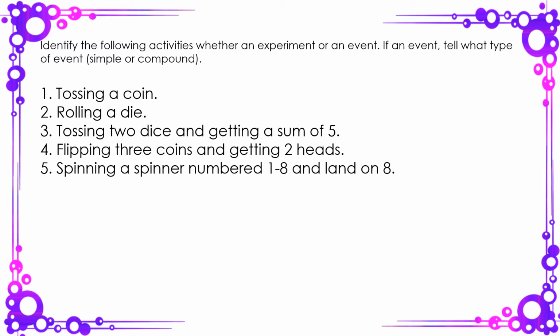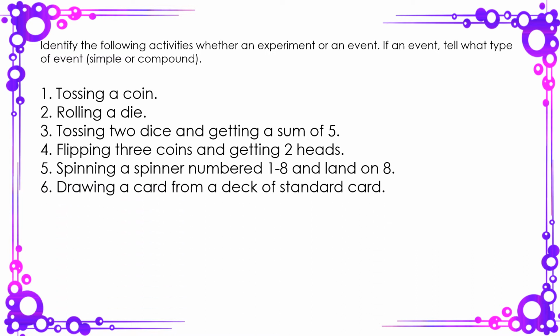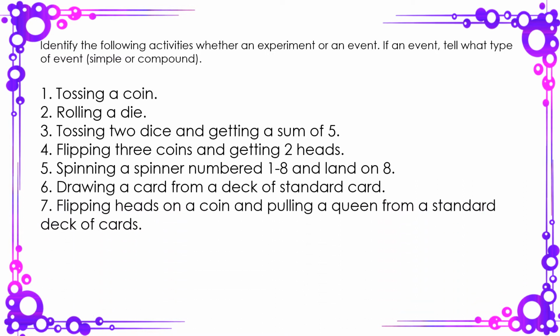Number 5, spinning a spinner numbered 1 to 8 and landing on 8. Number 6, drawing a card from a deck of standard cards. Number 7, flipping heads on a coin and pulling a queen from a standard deck of cards.